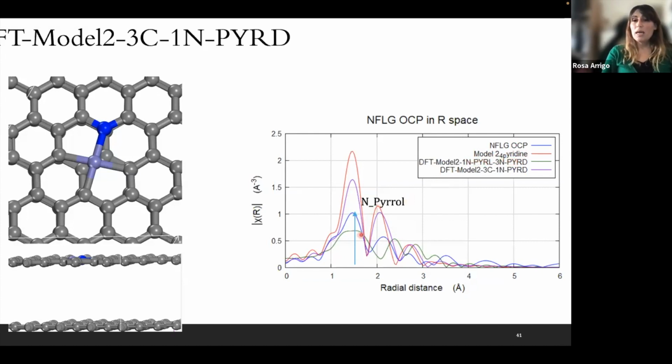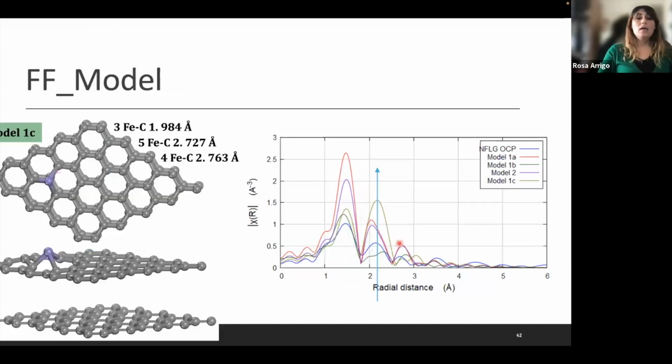The pyrrolic one is here, the green one, and you can see that it's completely different. Of course, this analysis is complicated by the fact that we can have different species, leading to an EXAFS signal more complicated than that.